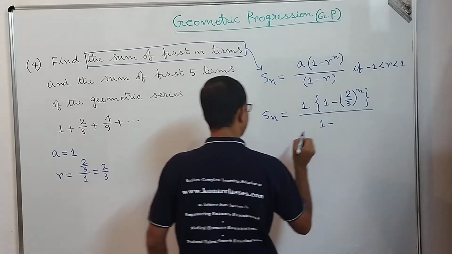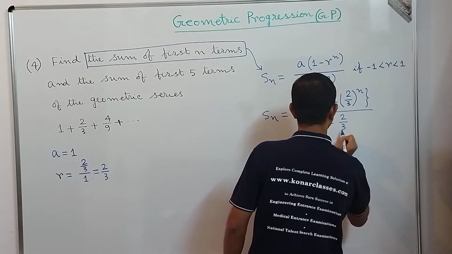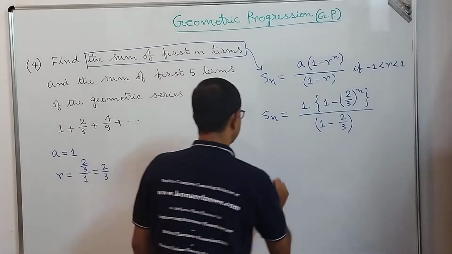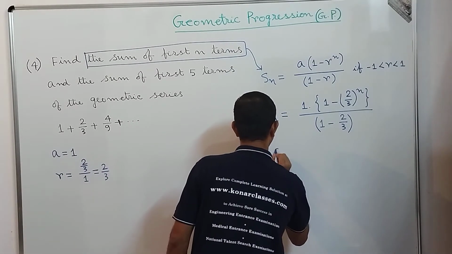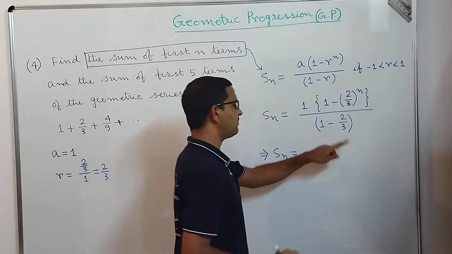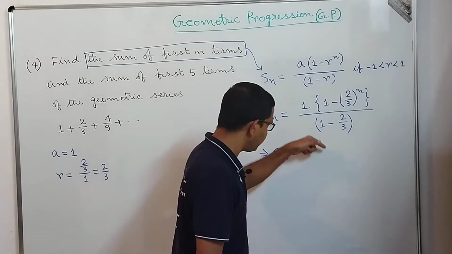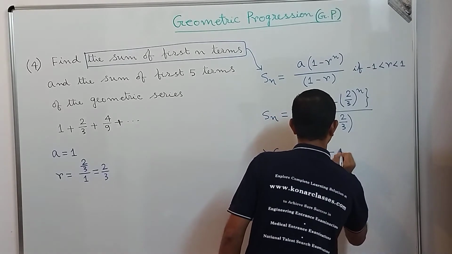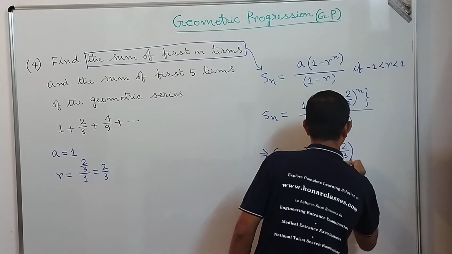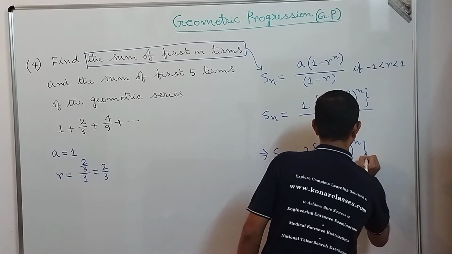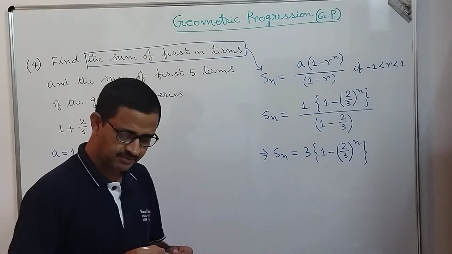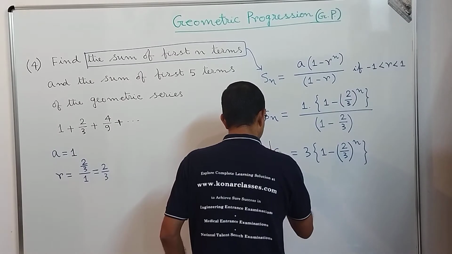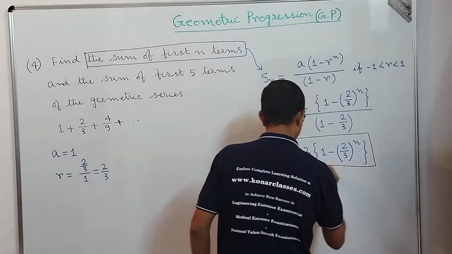What is r? r is 2 by 3, so 1 minus 2 by 3 is equal to 1 by 3. So 1 by 3 in the denominator becomes 3. So we get 3 into 1 minus 2 by 3 to the power n. So this is the sum up to the first n terms. That is the answer to the first part of the question.